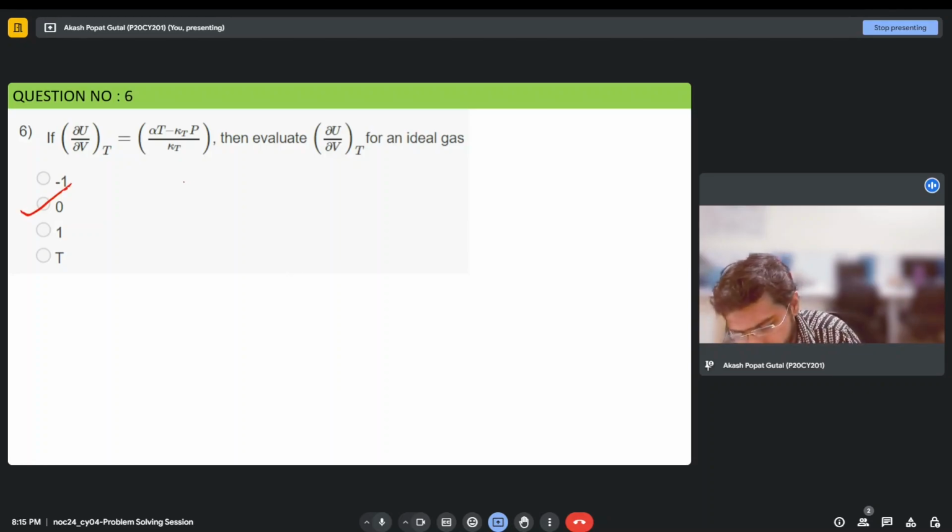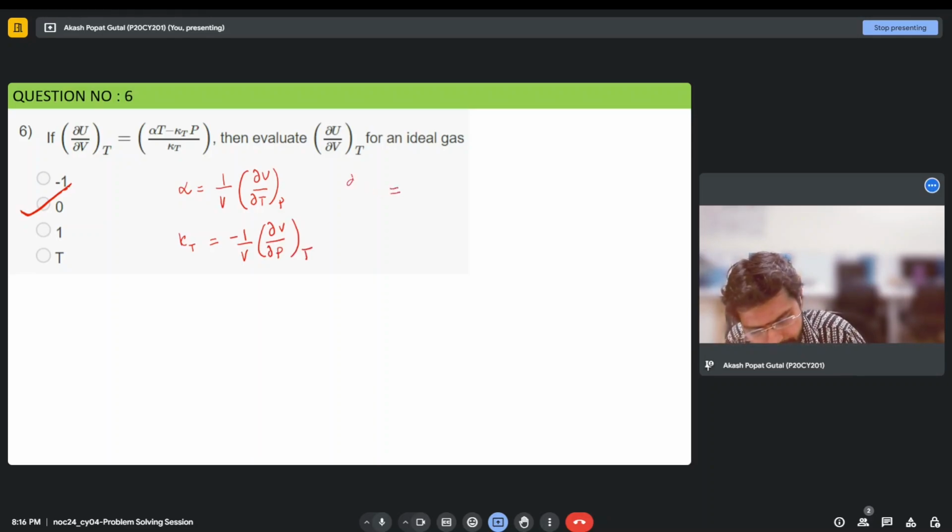And if you want to derive it from the given equation, we know alpha is 1 by V times del V by del T at constant P, and kappa T is minus 1 by V times del V by del P at constant T. So you put this into the equation.